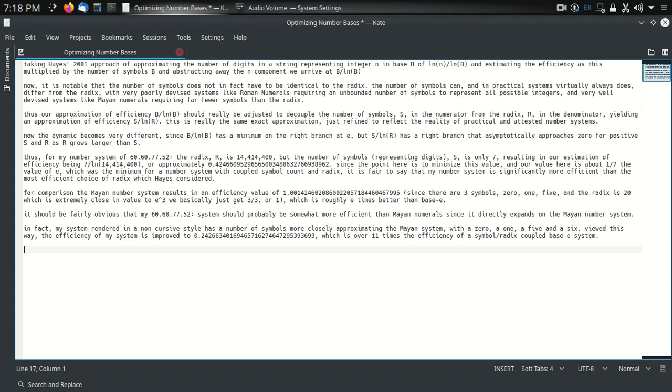The thing is, in a real number system, the number of symbols and the radix are not actually coupled. That's an artificial simplification which came about. I'm not sure when it was really introduced, but it was definitely promoted pretty heavily in new math when that was taught post Sputnik in the U.S. It's mostly in the 60s, as a promotion very similar to current day STEM.